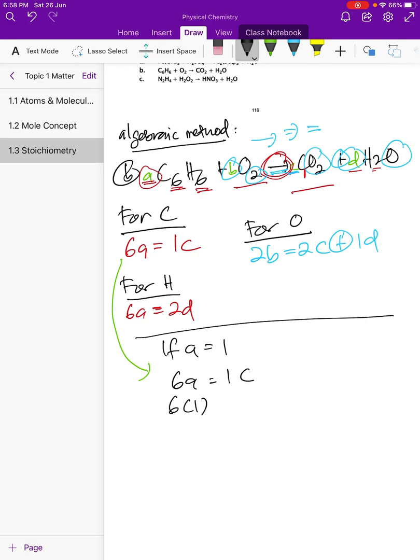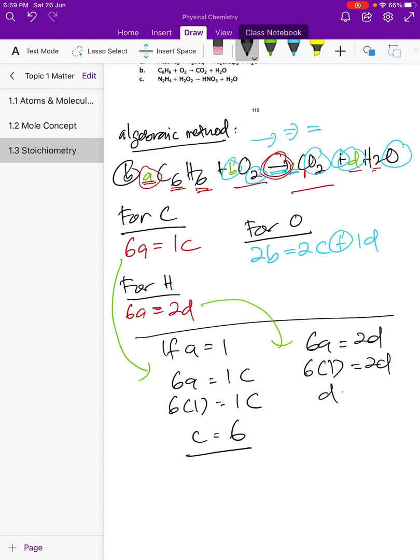A equals to 1, so C equals to 6. Okay, then C is solved. Now we can also solve D. 6A equals to 2D. A equals to 1, so D equals to 3. D is also solved.